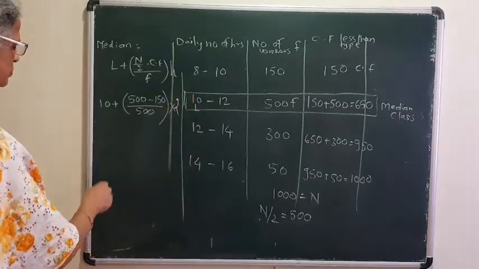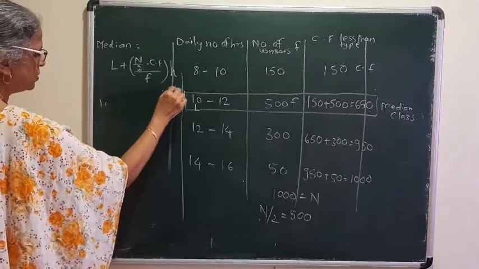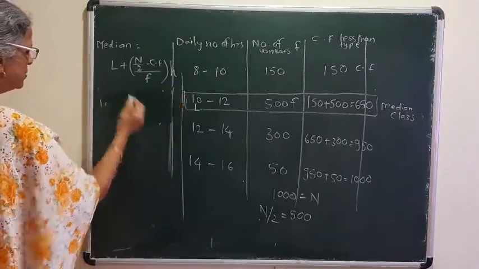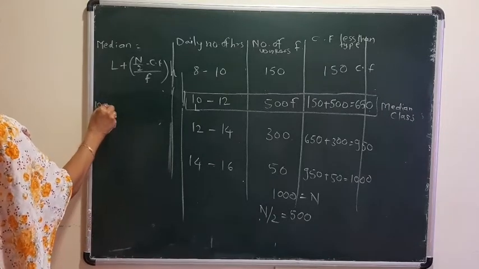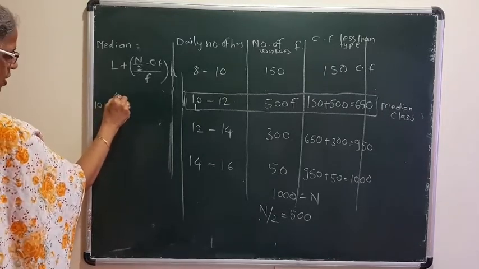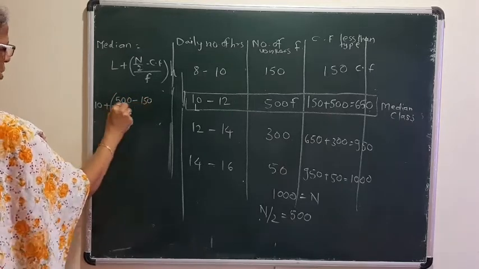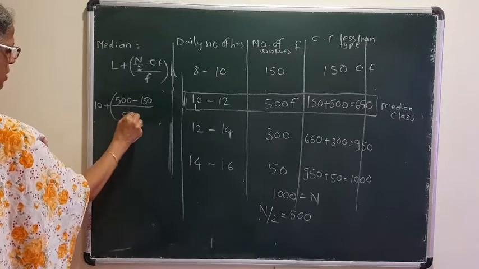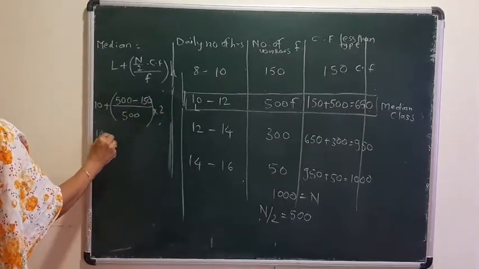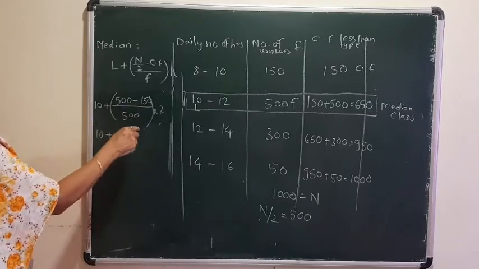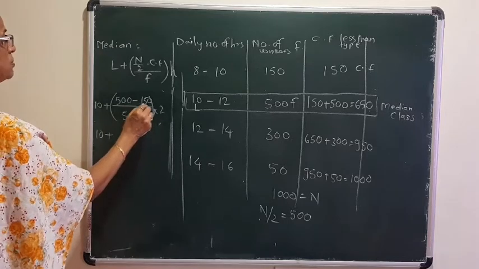I will write once again so we will not mix up: 10 plus 500 minus 150 upon 500 into 2. Followed? So 10 plus, don't cancel this, cancellation is not allowed here. The minus sign is there, so don't make that mistake.